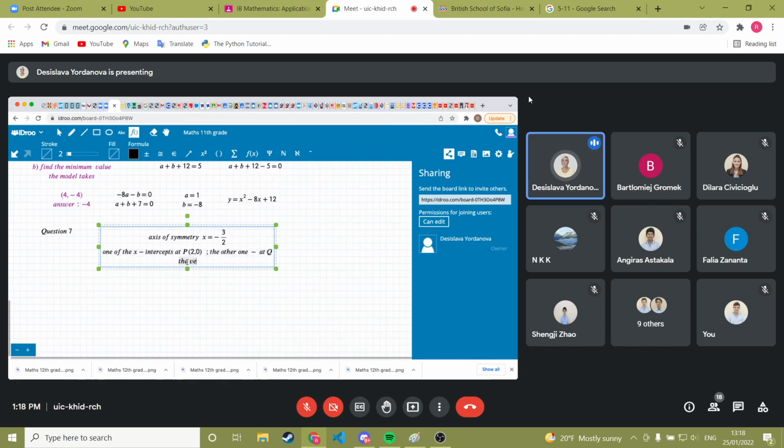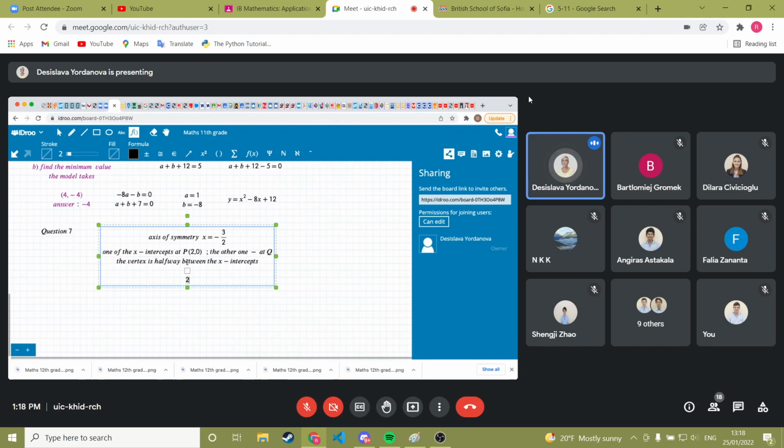The axis of symmetry is halfway between the x-intercepts, which means that the halfway between 2 points can be found when we find the average of these 2 points.